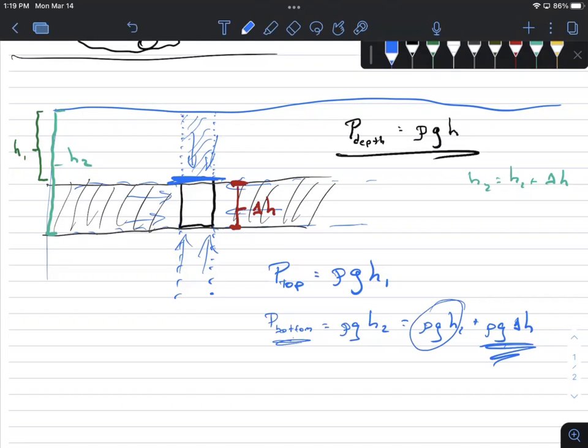Because it's lower, the bottom of the box is deeper than the top, so it feels more pressure. So that means the bottom will feel more pressure than the top. And if we remember from Bernoulli, airplanes fly because the pressure on the bottom of the wing is higher than the pressure on the top of the wing.